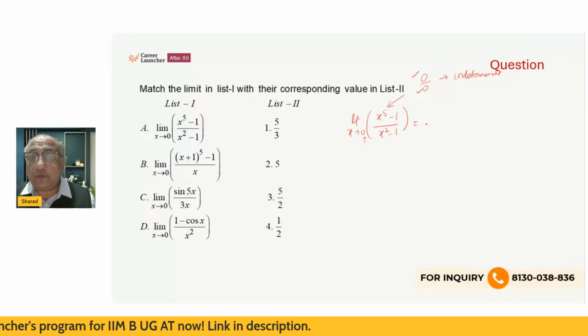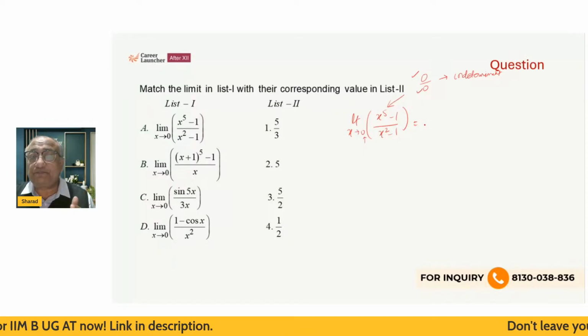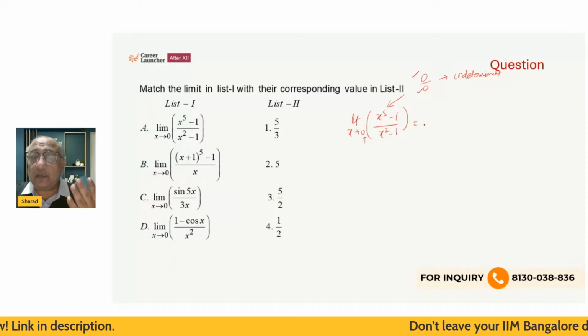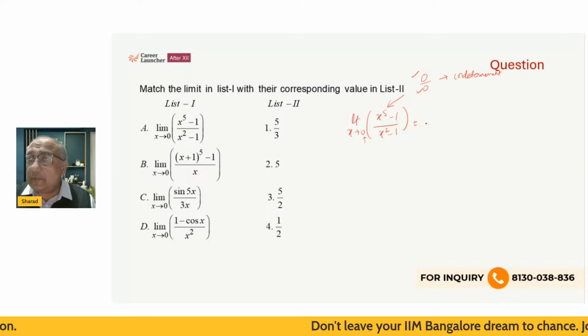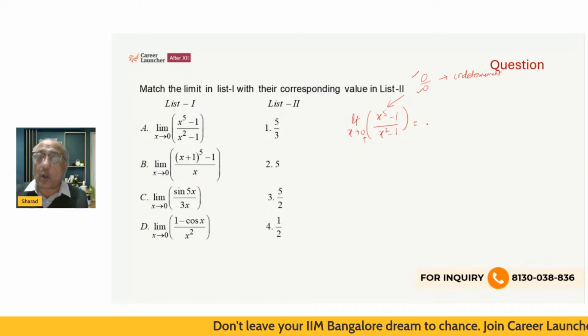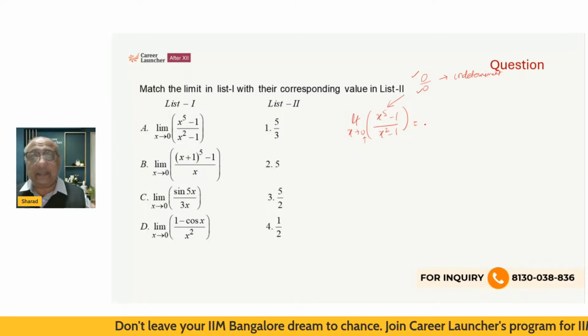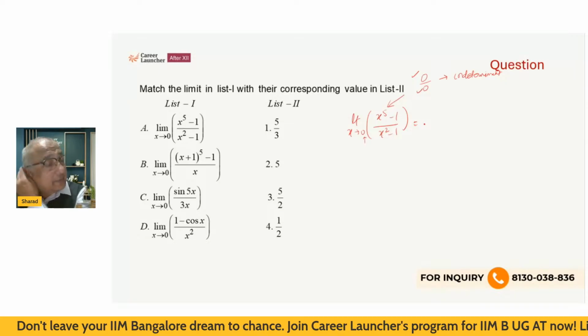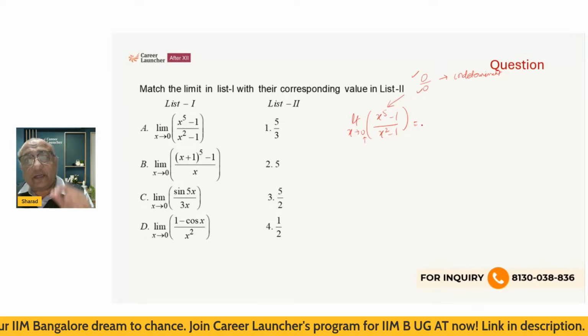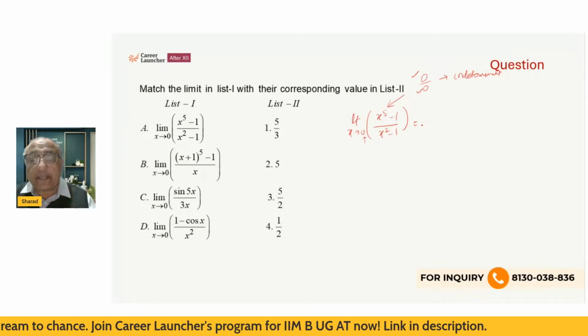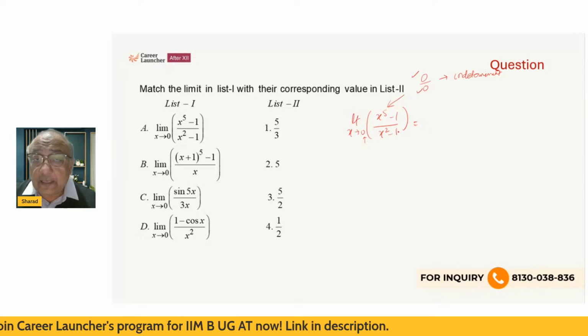What can I do from here? I can find out common term, and then common factor in numerator and denominator, and then we can cancel that, right?